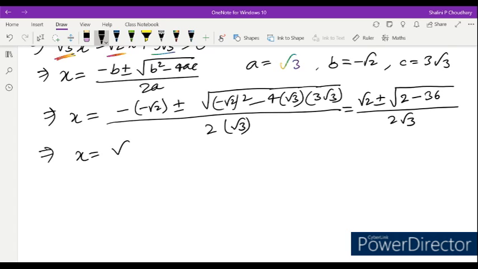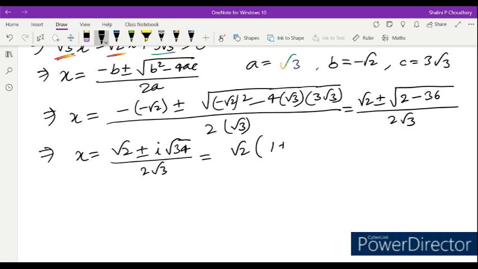So x का value will be square root of 2 plus minus I square root of 34. Okay, 2 root 3. So we can take square root of 2 common.